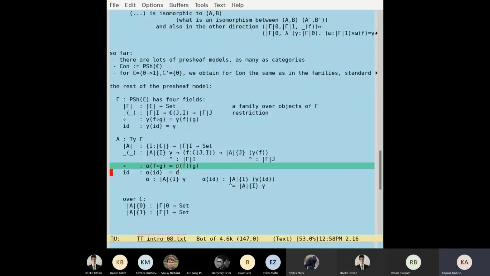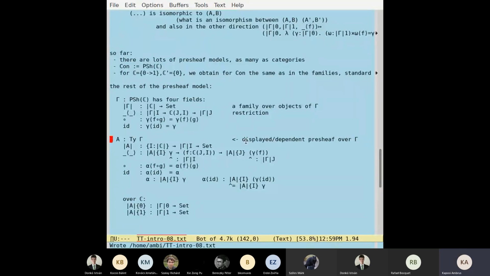And the same happens for composition. So gamma is a presheaf over C, and a type in gamma, this also has a name. This is called displayed or dependent presheaf over gamma. Okay.